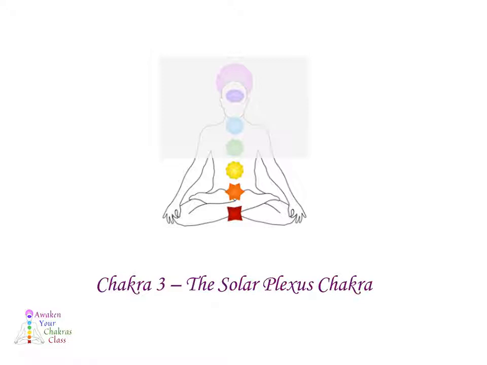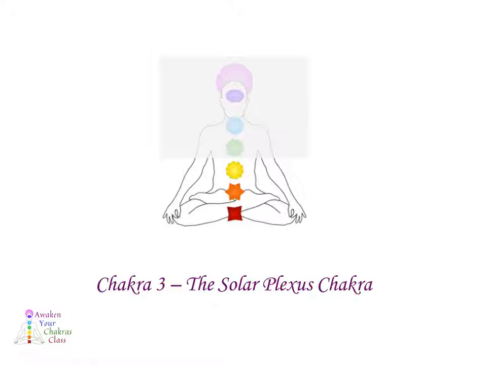Physically, the 3rd chakra is governing the abdomen, the stomach, all of our internal organs, our adrenals, our digestion, our liver, our pancreas, diabetes, are all right here. So this midsection of our torso is governed by this 3rd chakra.